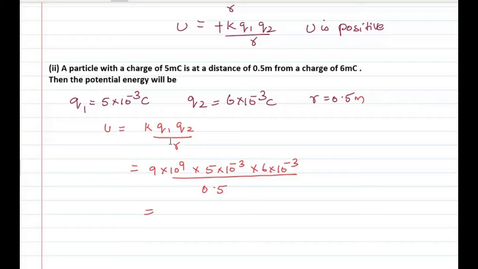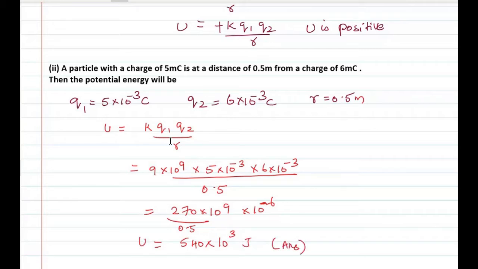The powers become 10 to the power of 9 into 10 to the power of minus 6. Multiplying, you get 270 into 10 to the power of 9 into 10 to the power of minus 6 divided by 0.5, so the answer is 540 into 10 to the power of 3 joules. Just substitute in the formula.